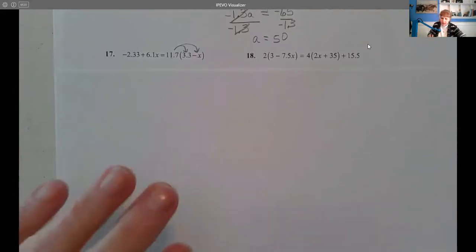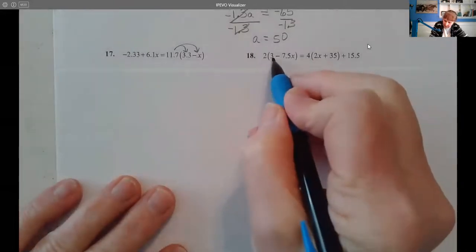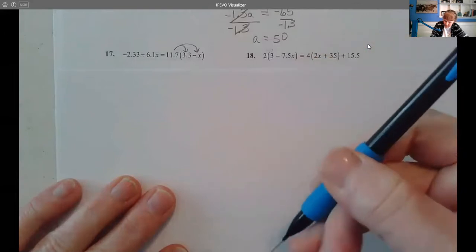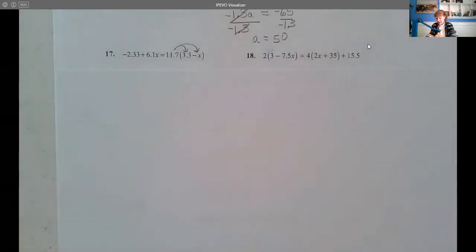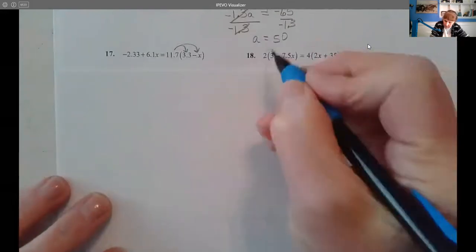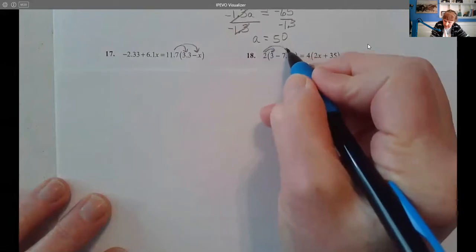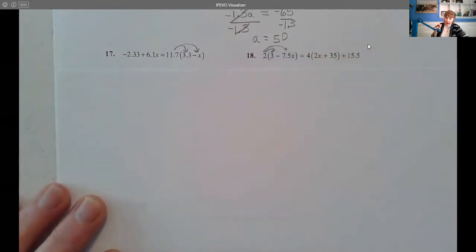So here, let's go ahead and take 2 times 3, we're going to use the distributive property. Oh my goodness, excuse me, the pencil lead just really came out. Okay, so we're going to take 2 times 3 and 2 times 7.5.